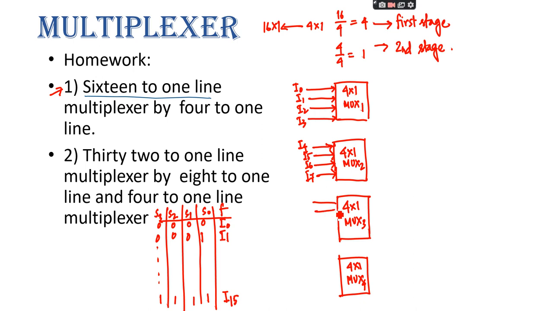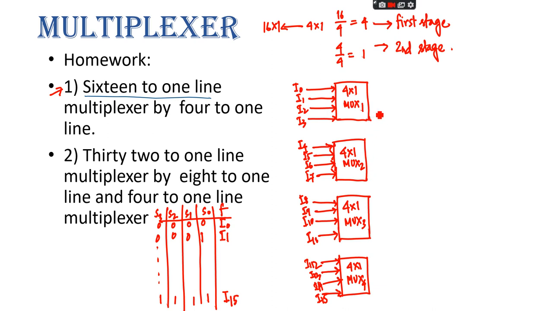Then here you should have I8, I9, I10, I11. And then for the last multiplexer, it should be I12. Did I make any mistake? Oh, sorry, it should be 12, 13, 14, 15.